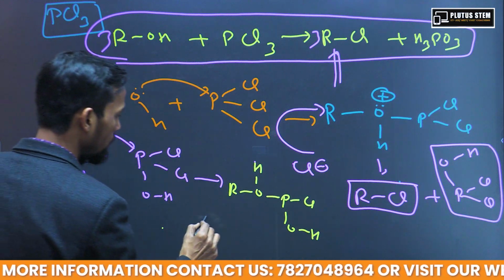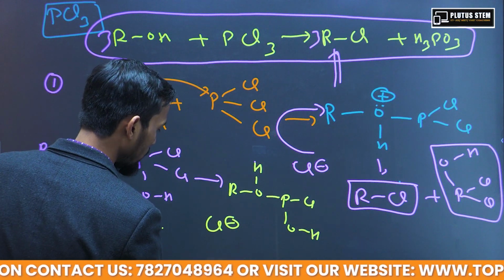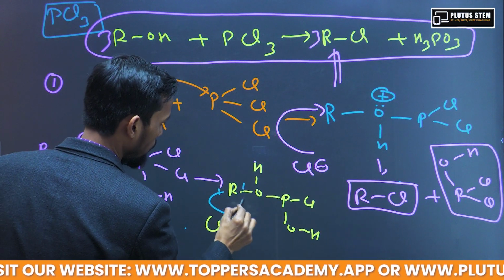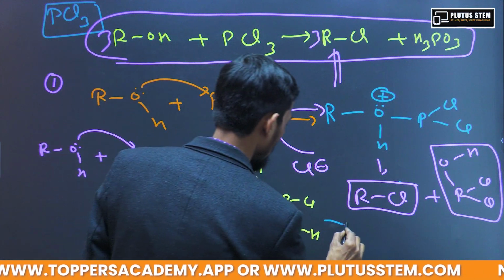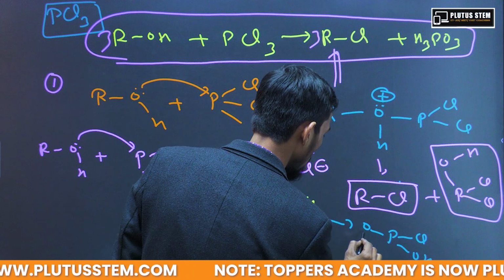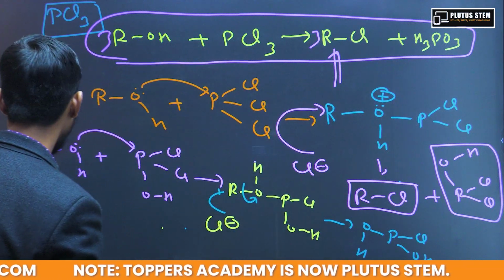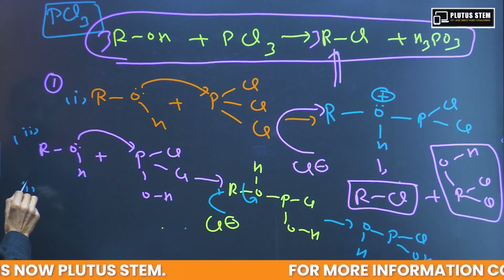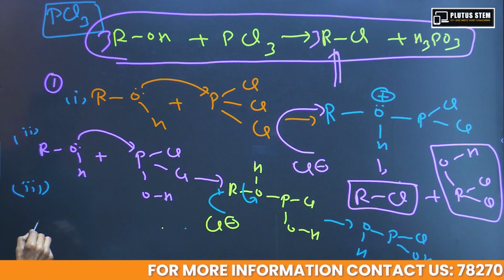The Cl which left from that side, this time it will attack and we will get a product like this, PCl, OH and OH. In the last step, again the first part, second part and the third part, what is going to happen this time?